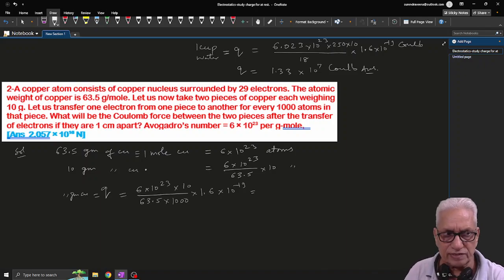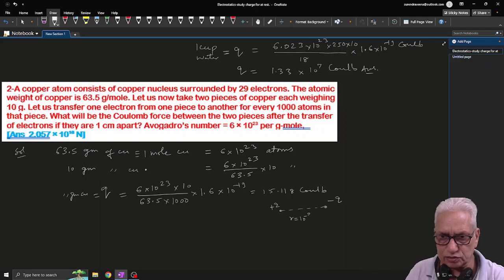If we solve it, we get a charge of 15.118 coulomb on each piece. One has positive charge, the other has negative charge, because one is losing and this piece is gaining electrons, and both charges are kept at a distance of 1 centimeter.